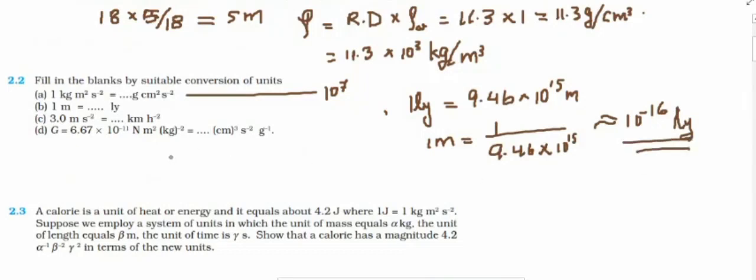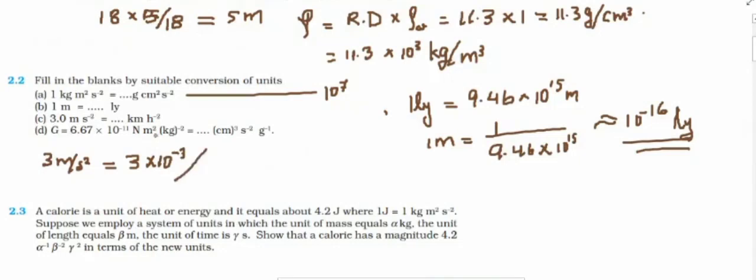Then next we can have 3 meter per second square. You have to convert into kilometer per hour square. So we can have 3 meter per second square is equal to 3 meter. First of all, you can convert into kilometer, 3 into 10 power minus 3 kilometer.